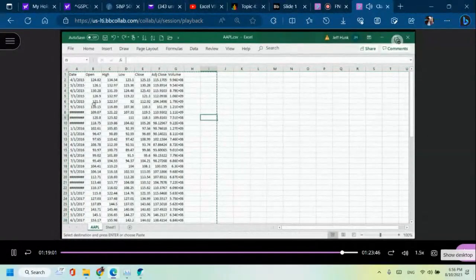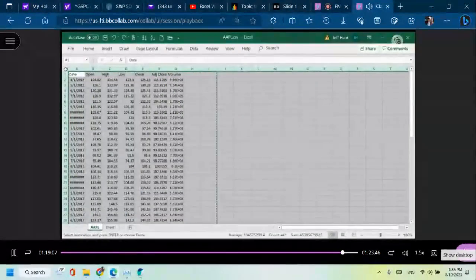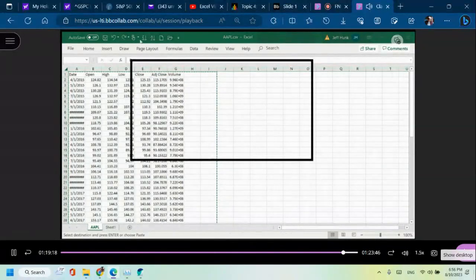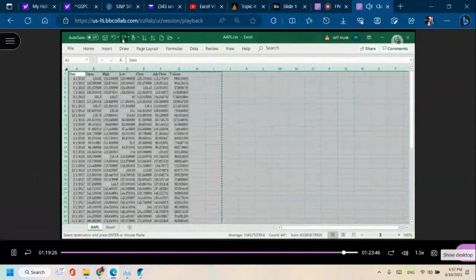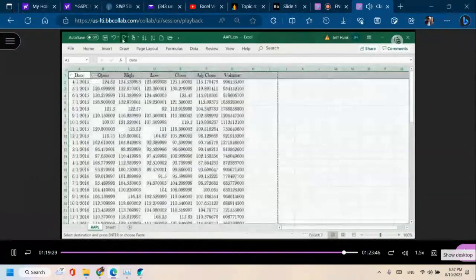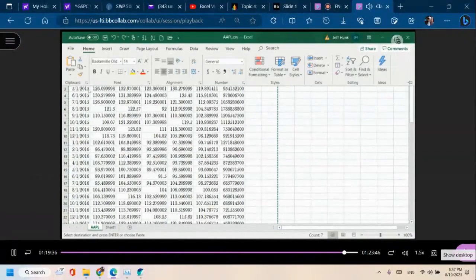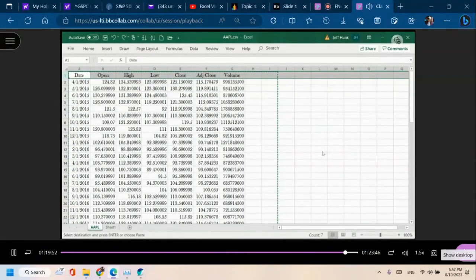So I downloaded the data, and by clicking on this corner, I selected the entire spreadsheet, and then I changed the font to what I like.